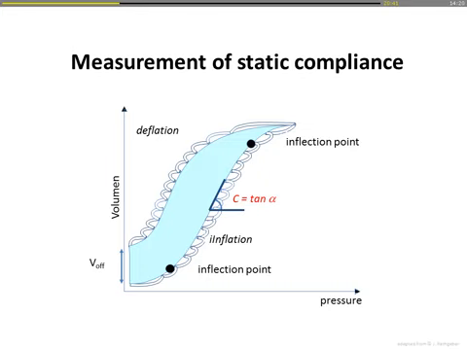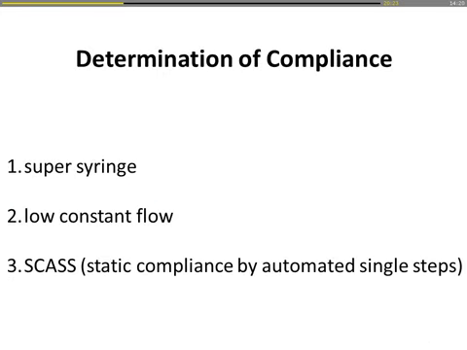The measurement of the static compliance goes along the pressure-volume curve, and it's the tangent alpha function of the inflating limb of the pressure-volume curve, which allows us to estimate or calculate the static compliance. Normally in clinical practice, there are, let's say, 3 more or less established ways to do it.